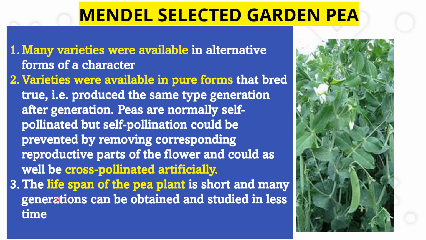Then the next point, the lifespan of the pea plant is very short, and many generations can be obtained and studied in less time. These are the reasons why Mendel selected garden pea for his experiment.